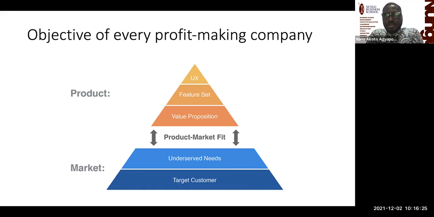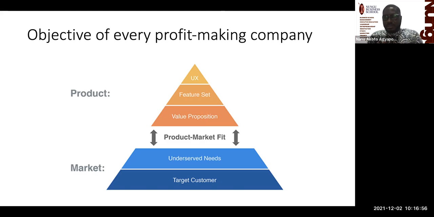So for any profit-making organization, the agenda is to move the product to the market. And the market here is your customer. And so anytime you are putting your business strategy together, there's this sweet spot that you want to sit at, which is a product market fit, which is something that a lot of startups struggle to have.